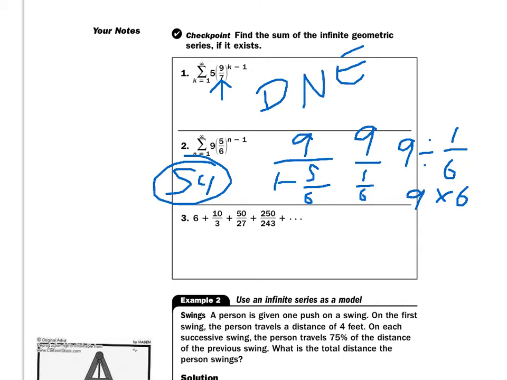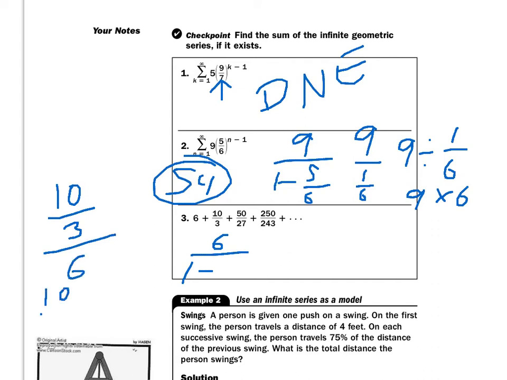And for the next one, 6 over 1 minus, and when you're looking at 10/3, really remember what you have to do to figure this out. You have to do 10/3 divided by 6.